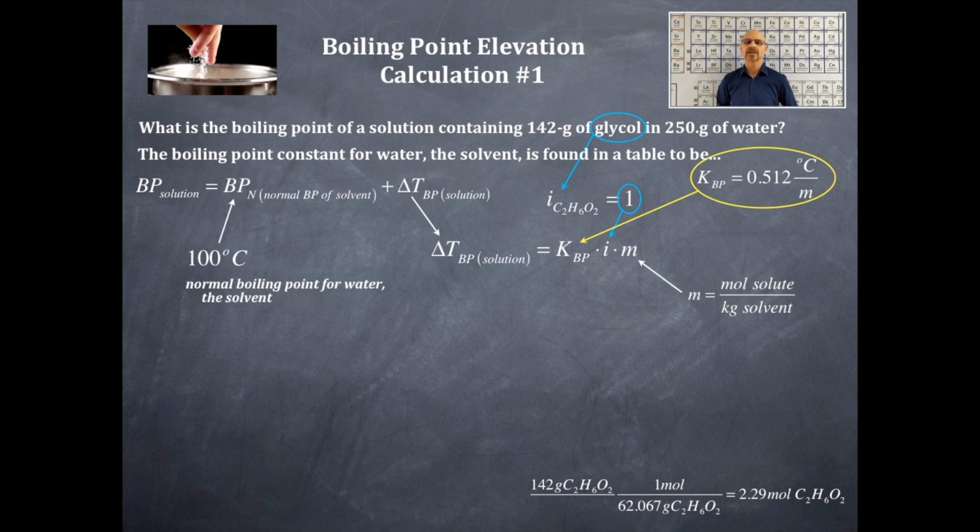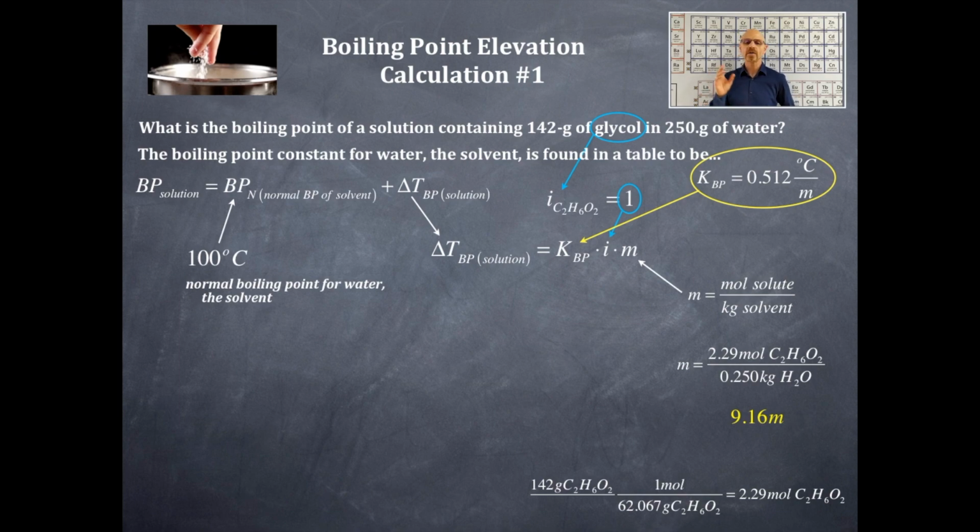Now I need the kilograms of the solvent. The solvent is the 250 grams of water. I'm going to convert that into kilograms, which is just the movement of the decimal. I'm going to divide the 2.29 moles of ethylene glycol by the 0.250 kilograms of water, and I get a value of 9.16 molality.